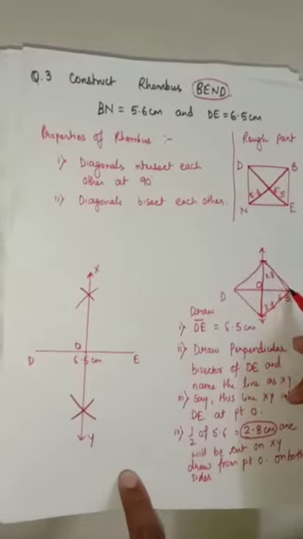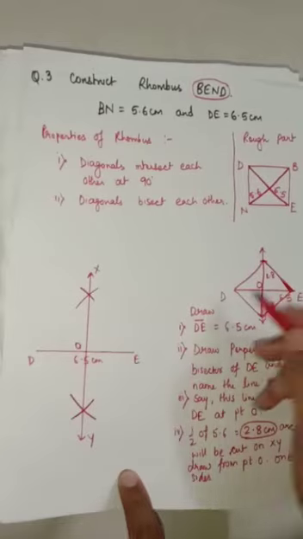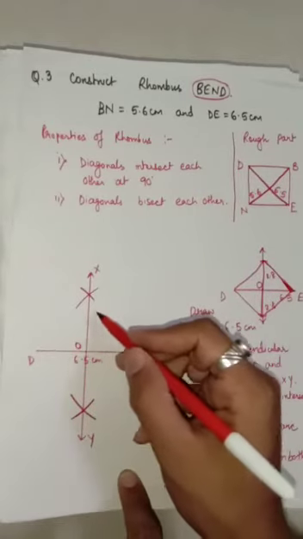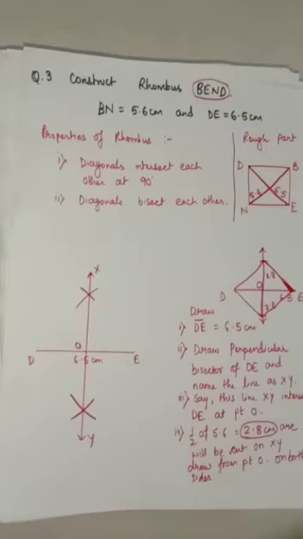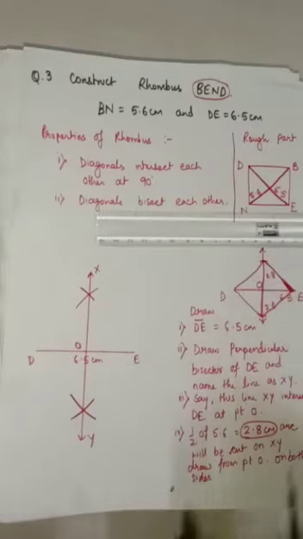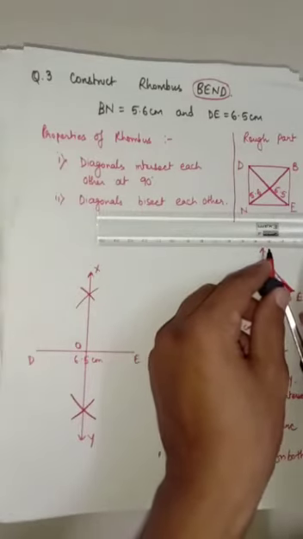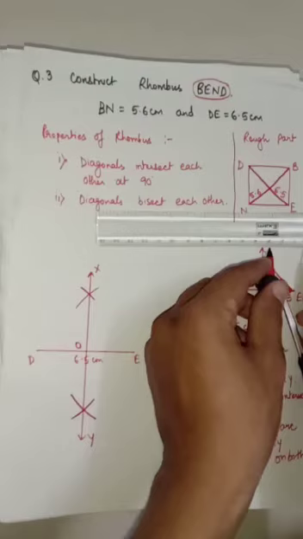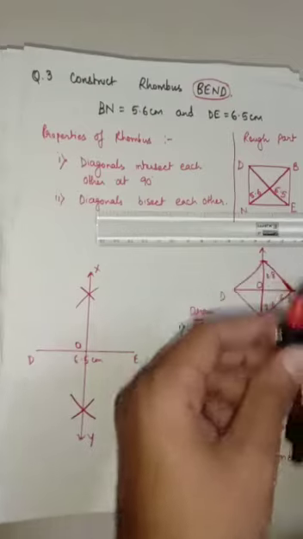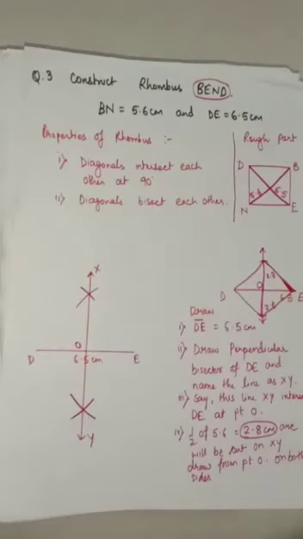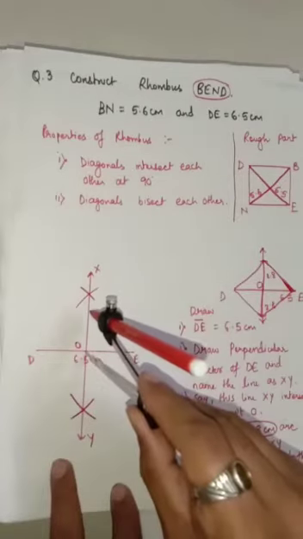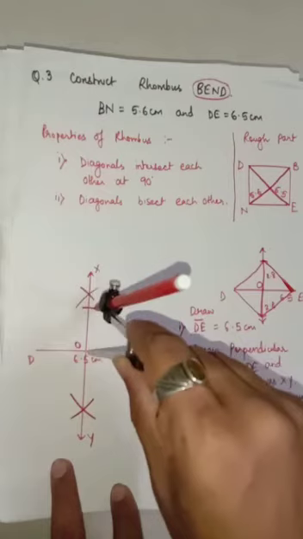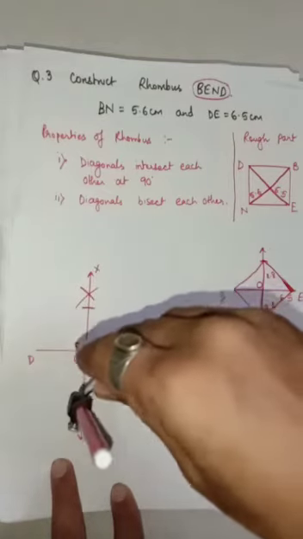So we will draw an arc of 2.8 from O on this line. We take 2.8 centimeter from the scale. Using the scale we have taken the 2.8 centimeter measurement in the compass, and from point O we will cut an arc on both sides.